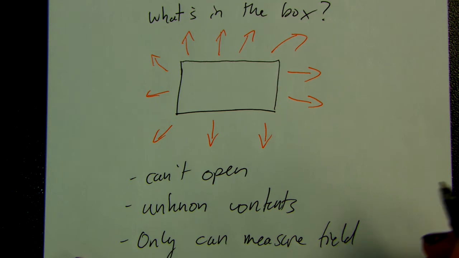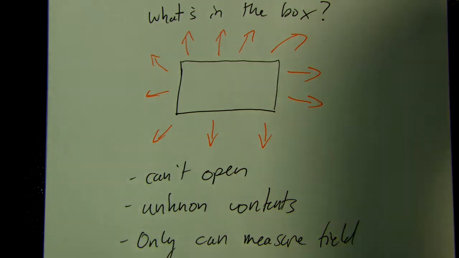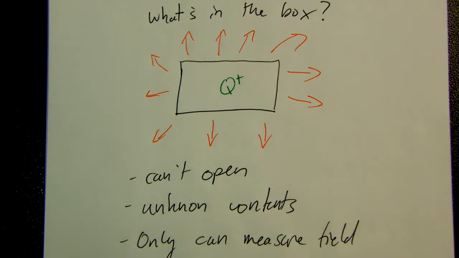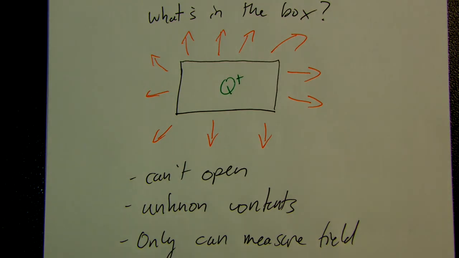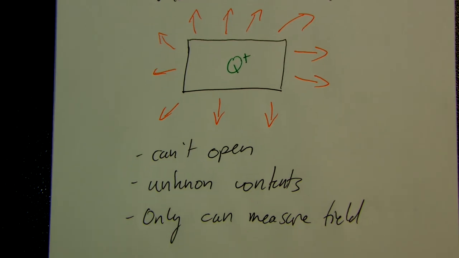All right, so what do we know makes a field that radiates its field lines outwards? That's a positive charge. So you could safely assume that perhaps there is a positive charge in here, or a collection of positive charges.